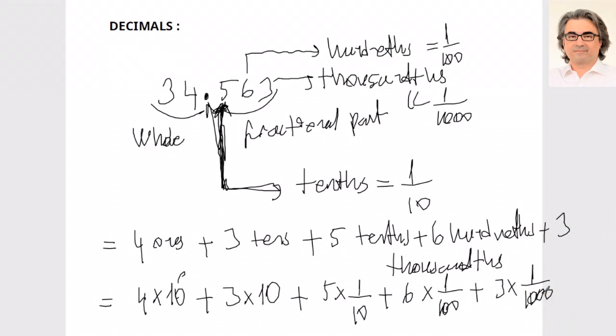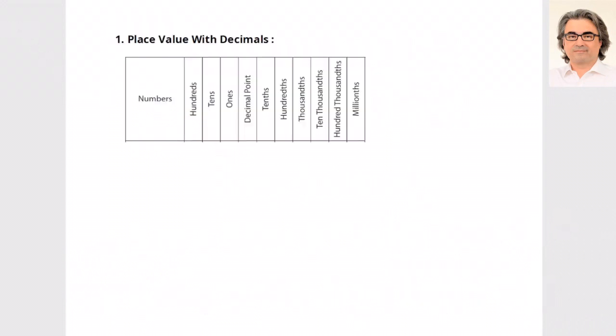Now this is the expanded form of a decimal. Place value with decimals: you know where my decimal point is, and here is my decimal point. It means put a point here, and the left of this point describes the whole part of the decimal number: hundreds, tens, and ones.